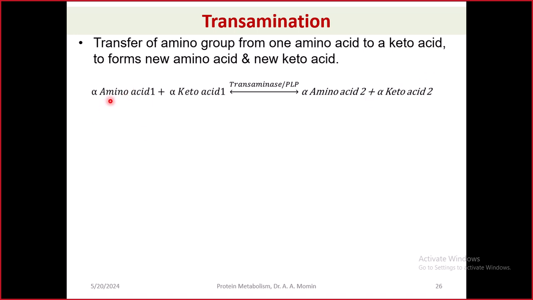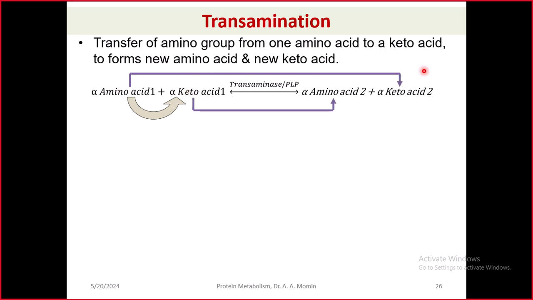The difference between an amino acid and a keto acid is that in an amino acid the amino group is present, and in a keto acid the amino group is absent. So the keto acid, by accepting the amino group, is converted to an amino acid. This is nothing but a transamination reaction.